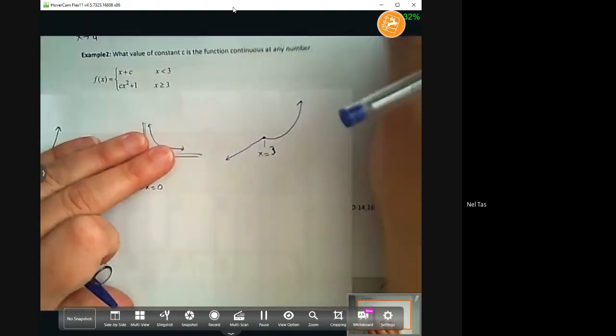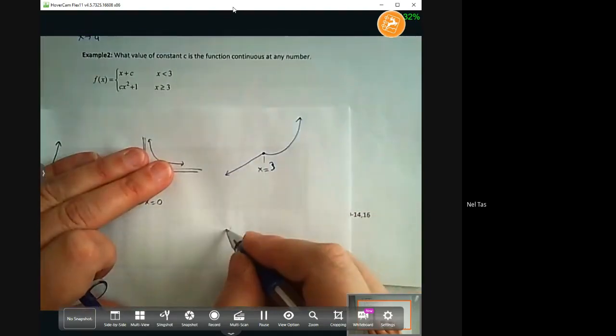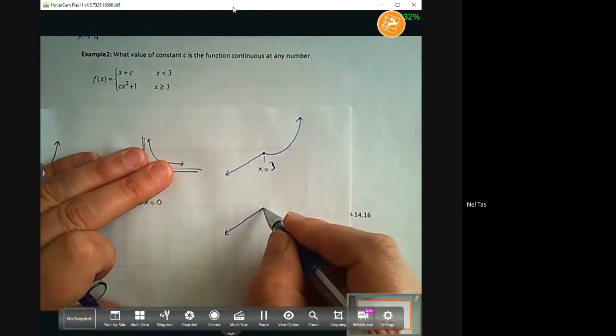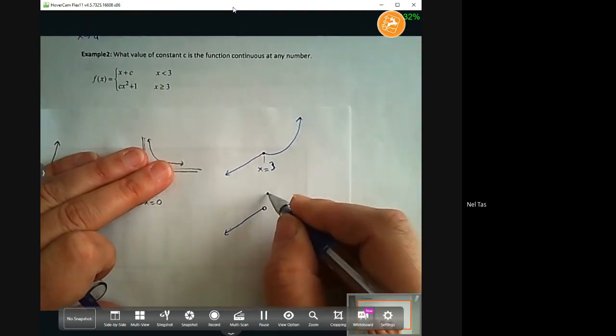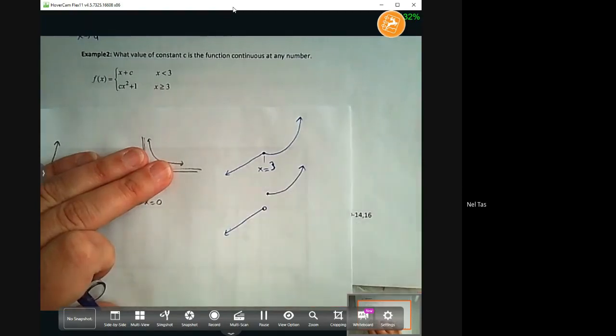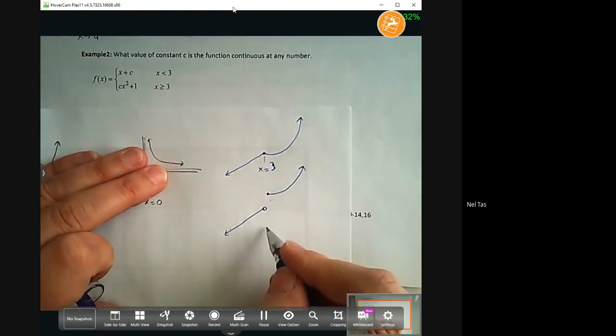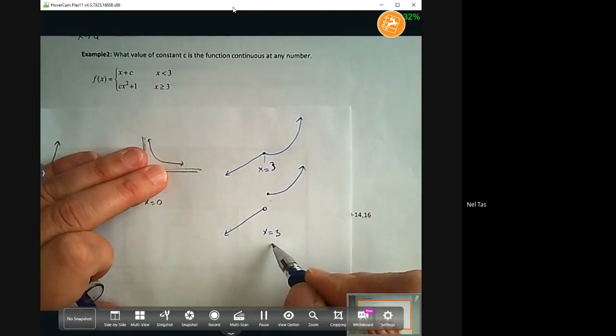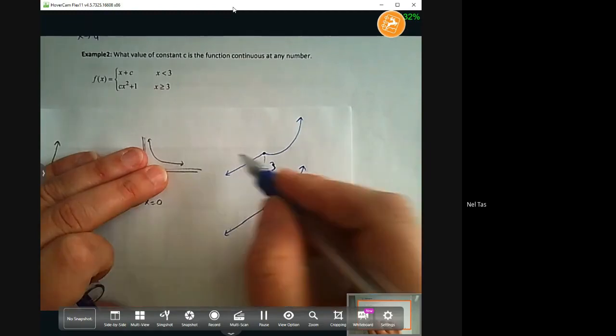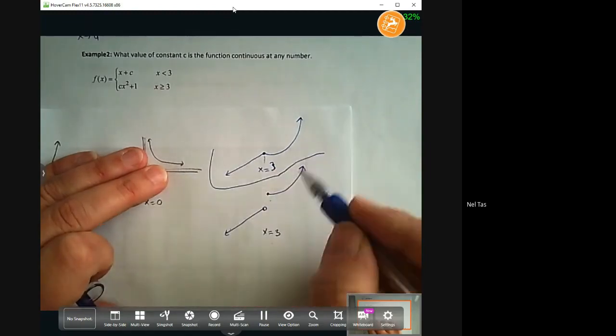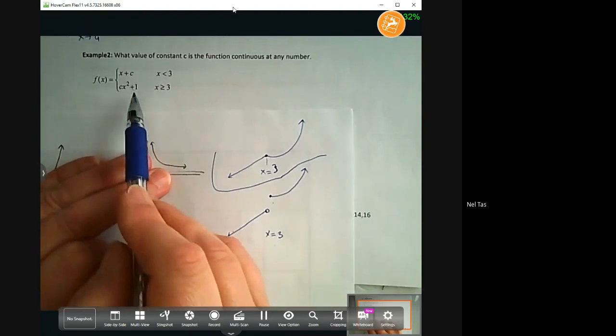But if those two pieces are not attached, that is the second condition, at x equals 3, then we say that this function is discontinuous at x equals 3. So we have a line, we have a parabola.